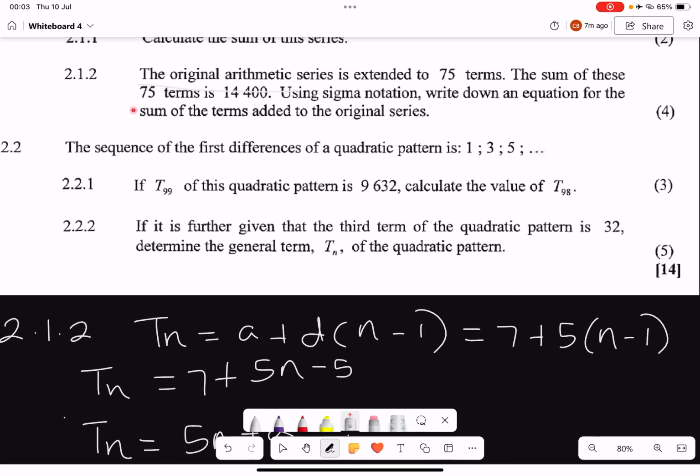Using sigma notation, write down an expression for the sum of the terms added to the original series. Remember, the original series only had 20 terms. So how many terms did we add? We added 55 more terms, which means from term 21 to term 75, because we had term 1 to term 20 before.